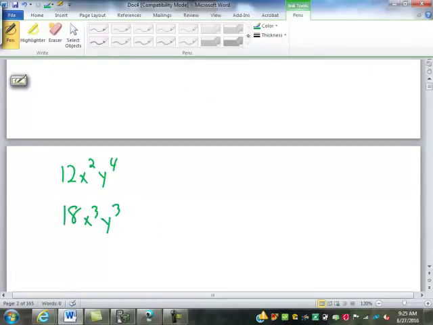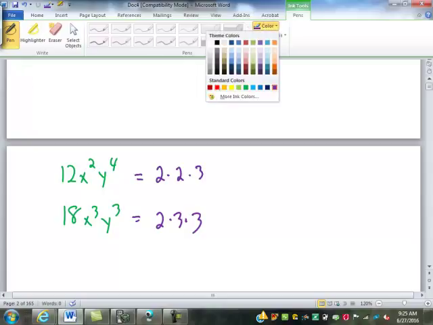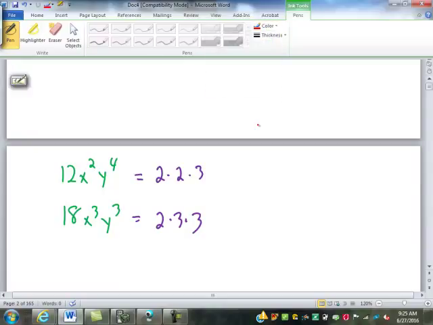I am going to ignore the variables for now and just factor the numbers. 12 is 2 times 2 times 3. 18 is 2 times 3 times 3. Now I'm going to keep going with the numbers just like I would before.